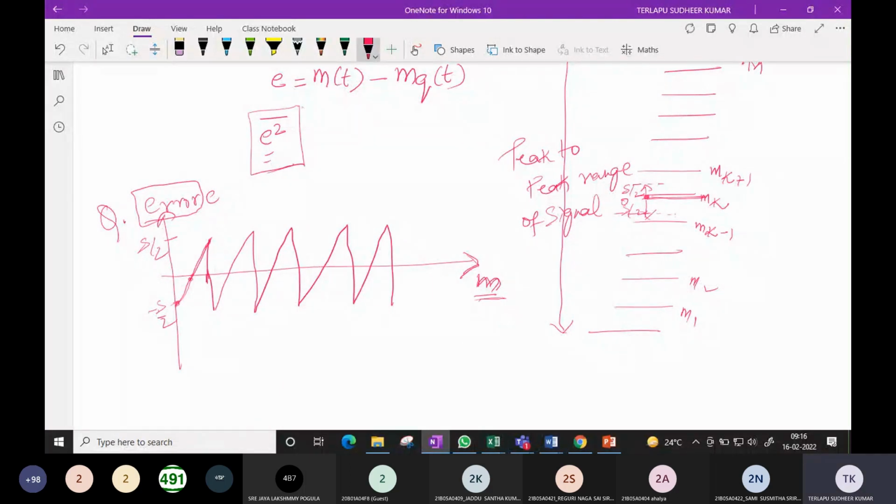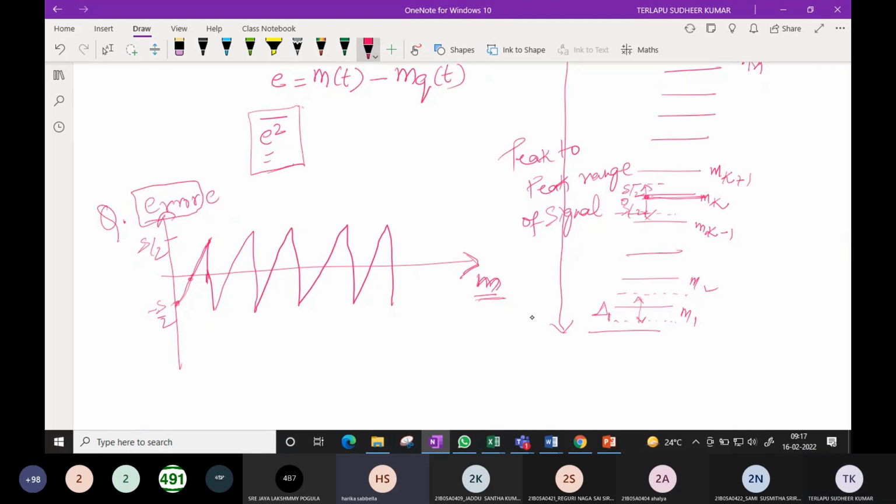So the mean square value is always given by, here if you observe, in this region, say delta 1, your signal voltage can be in the region delta 1, or it may be in the region delta 3, or it can be in the region delta 7. Anywhere it can be, right?